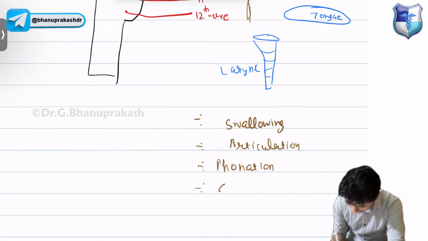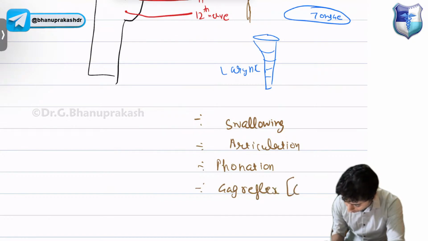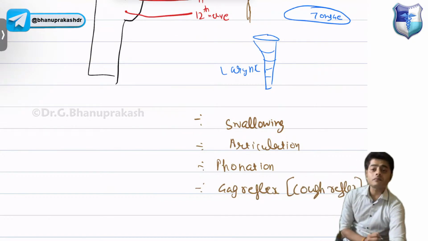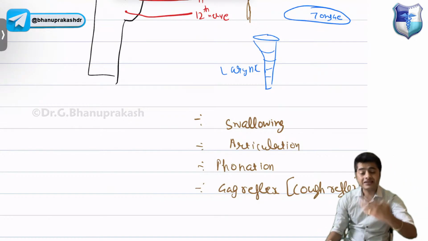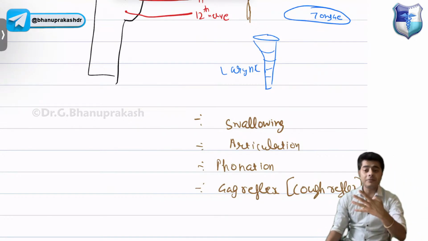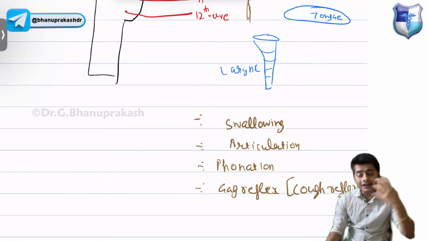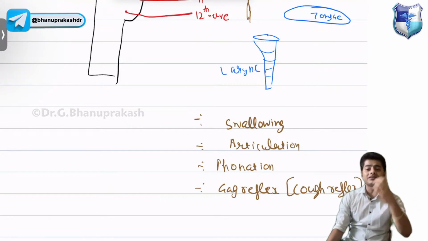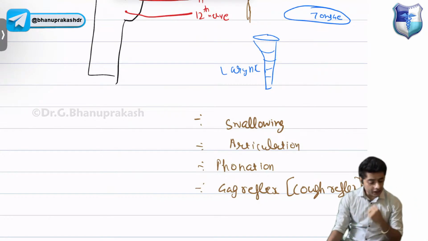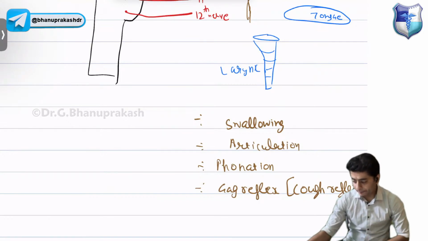So if your bulbar system is damaged, your swallowing, articulation, phonation, gag reflex, cough reflex, all these things will be affected. Okay?